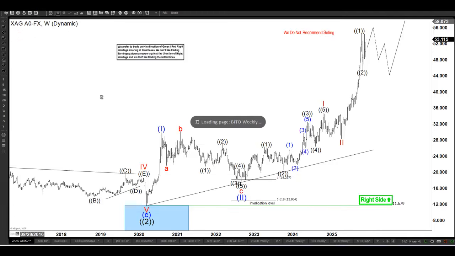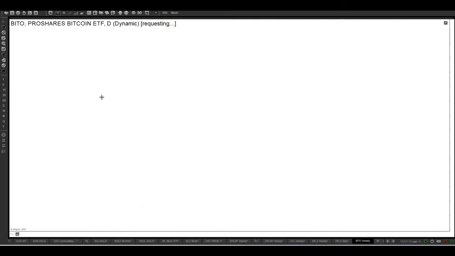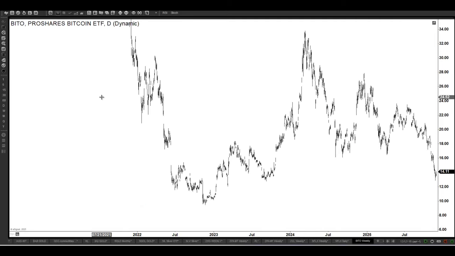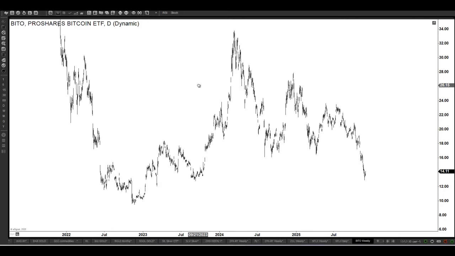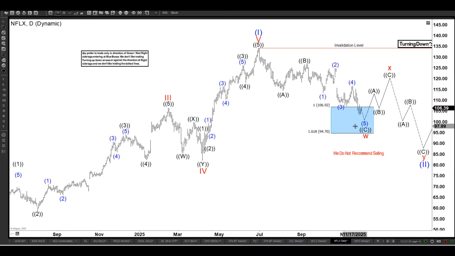This is a Bitcoin ETF. Right? Netflix, I'm talking about Netflix because it's within bouncing areas or buying areas.